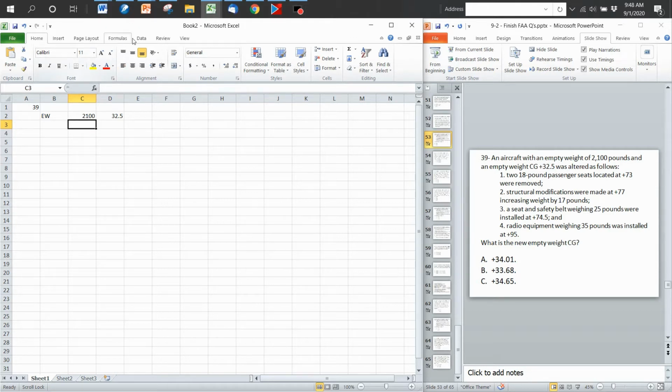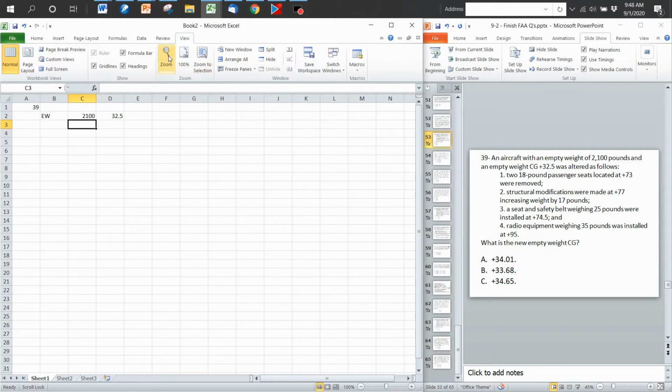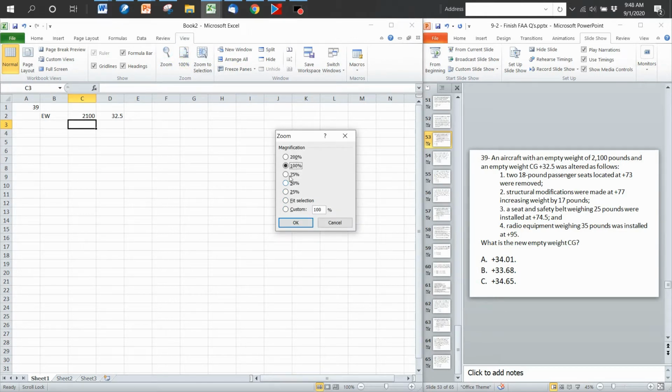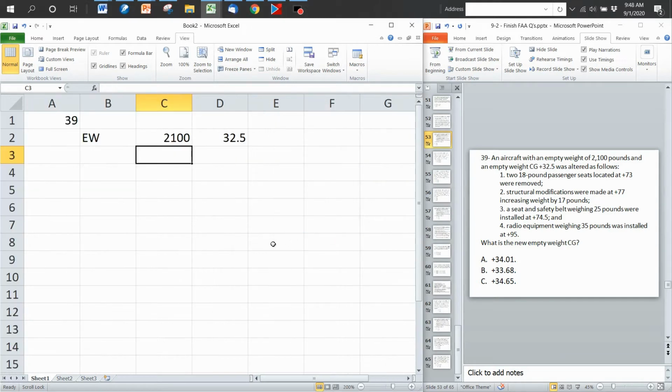Now, we can probably zoom in so that everybody can see this better. Let's zoom to about double that size. That should give me enough room to work my problem. And over here, we're going to put everything else. Now, after our empty weight, we need to take a look at this.